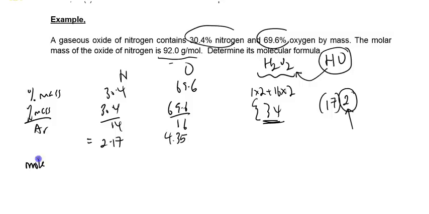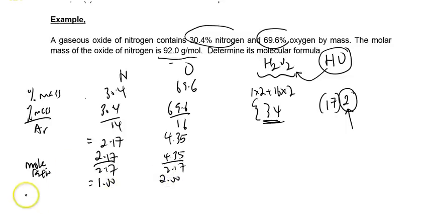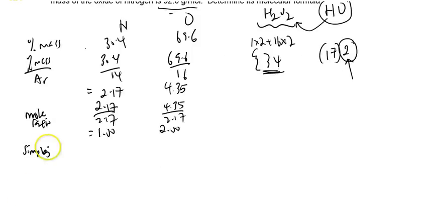Next step is to calculate the mole ratio, which is simply dividing throughout by the smallest number, and this is 2.17, and I have 1.00 and 2.00, and my simplest mole ratio would be 1 and 2.